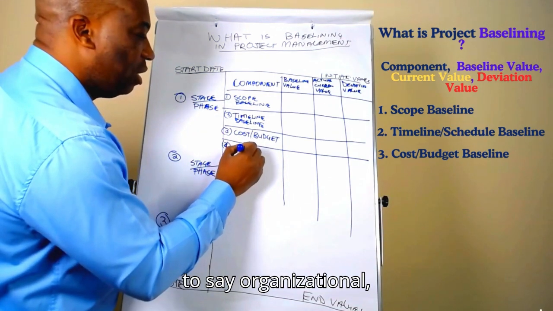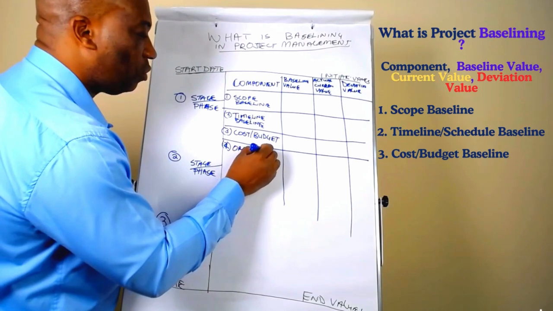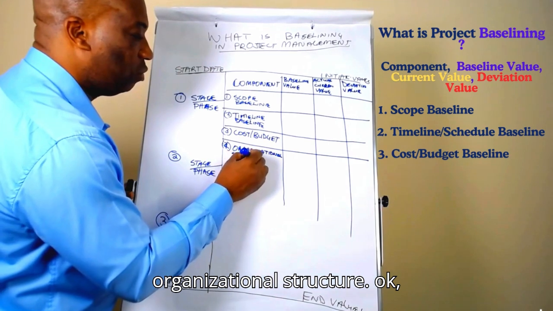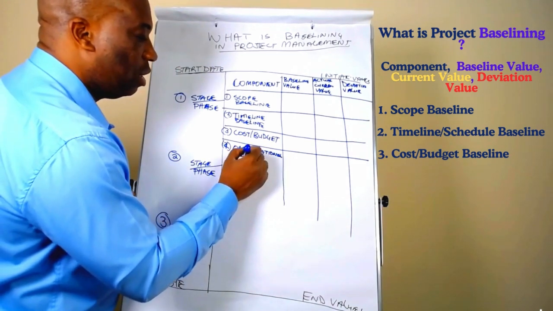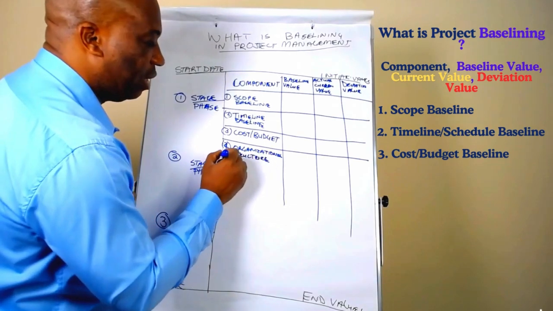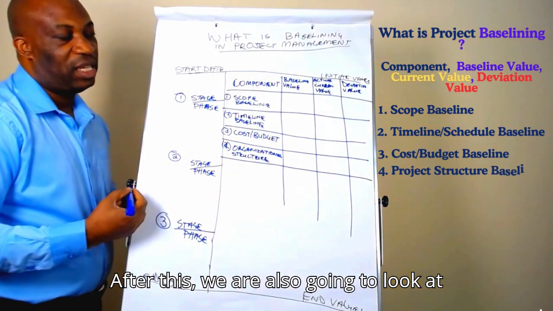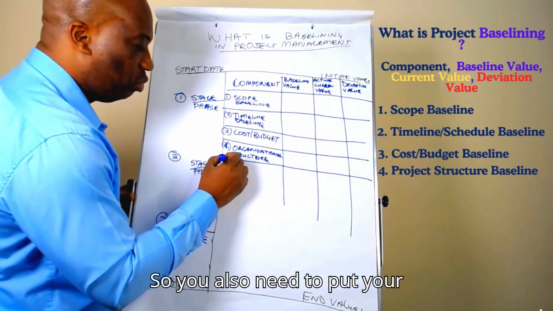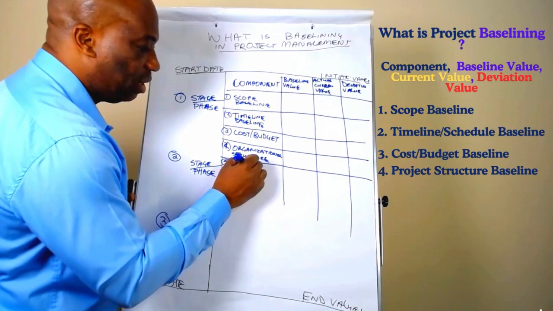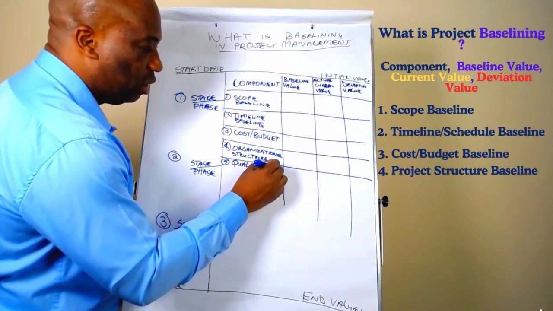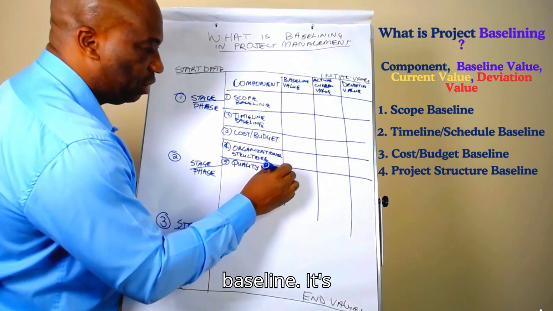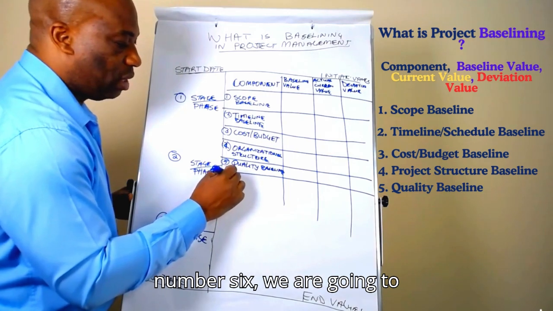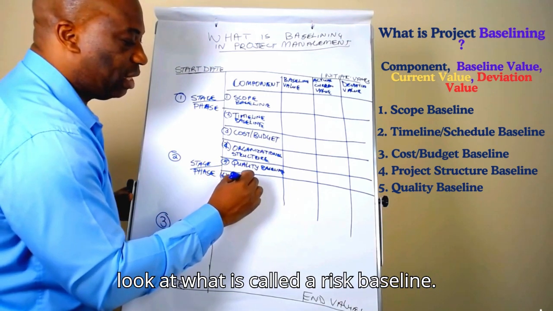So we are going to say organizational structure baseline. After this, we are also going to look at what's called quality baseline. So you also need to put your quality baseline. It's also a very important component. Number 6, we are going to look at what is called a risk baseline.